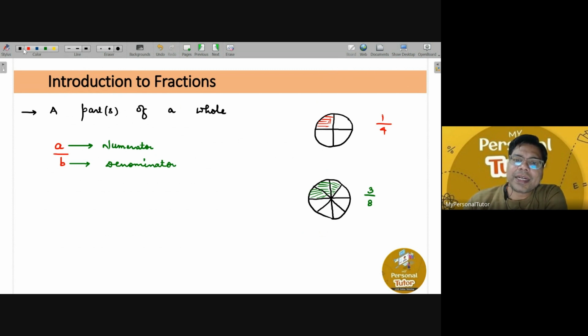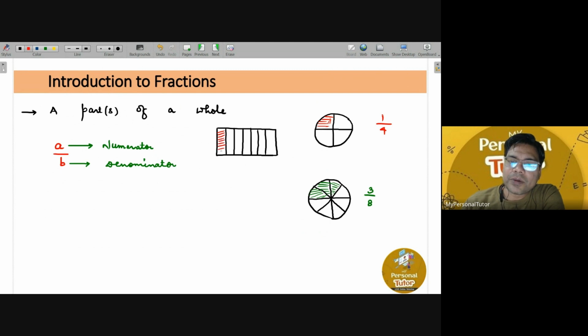Suppose we have a rectangle, and I divide this rectangle into 7 equal parts.